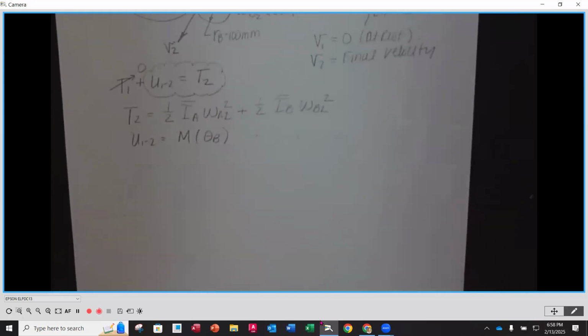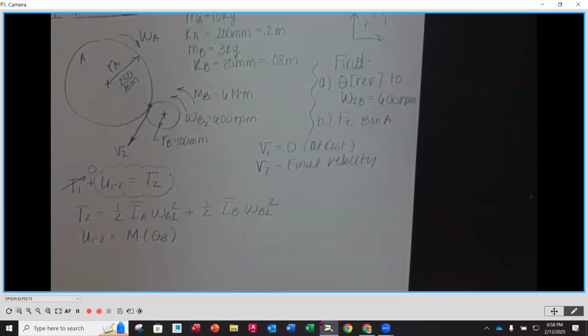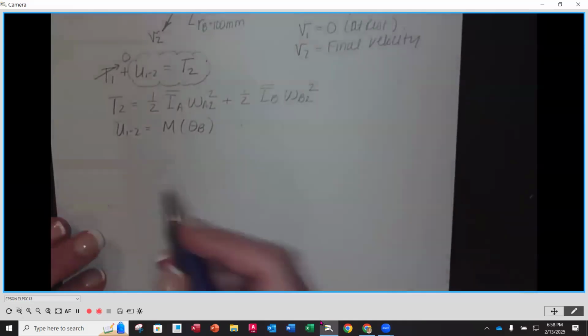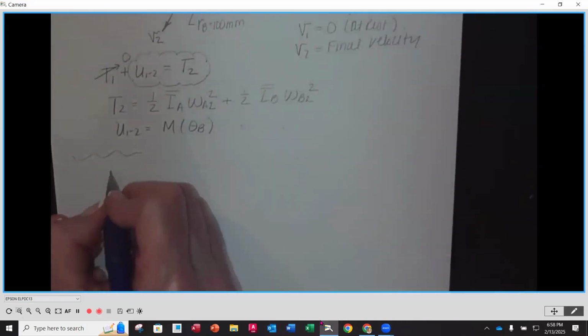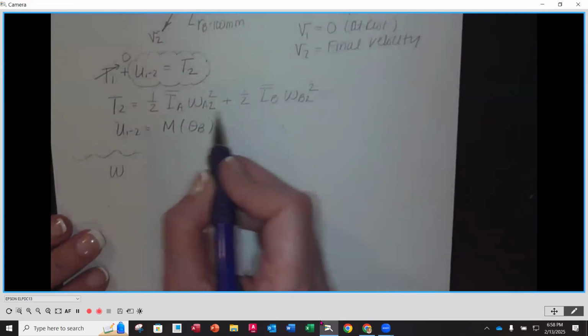Just peeking ahead here, we know that our ending angular velocity needs to be 600 RPMs. We'll get back to these equations, but first we're going to get our terms. So we need these ω's.